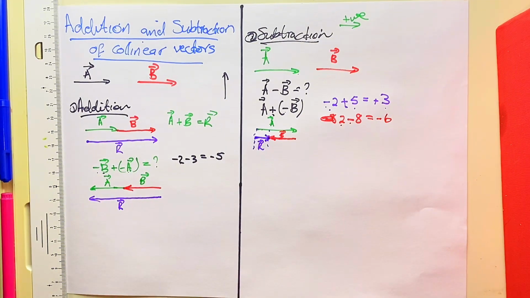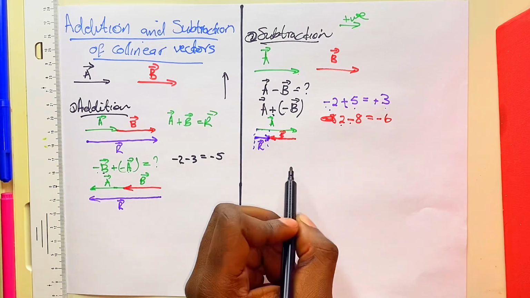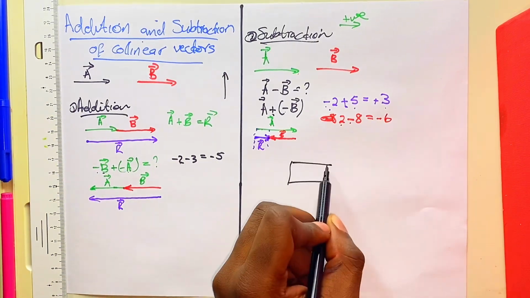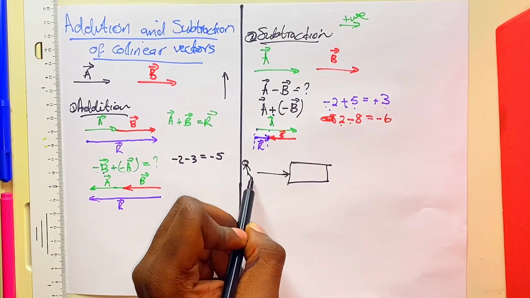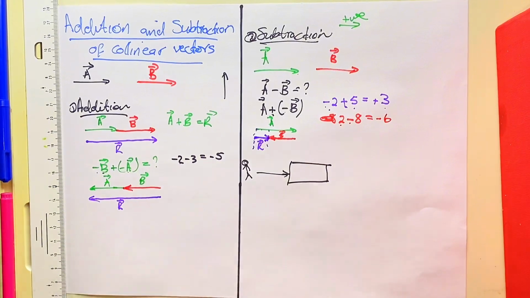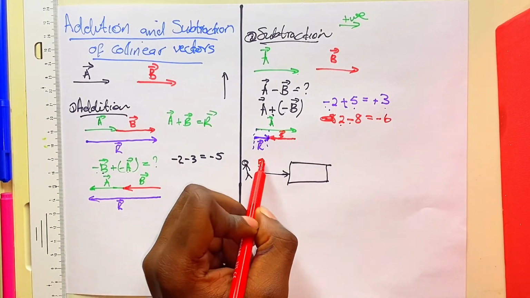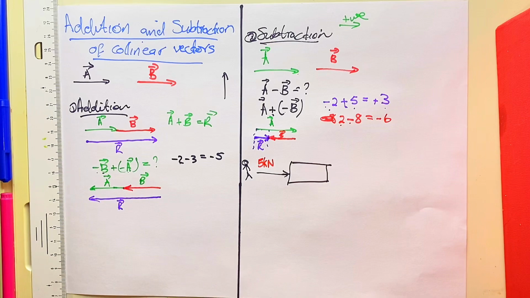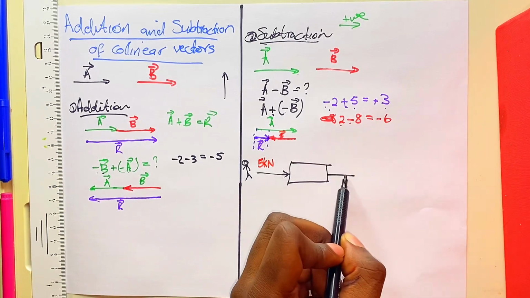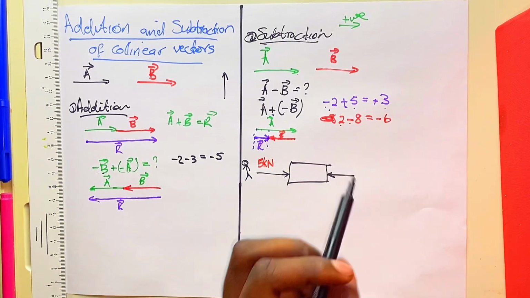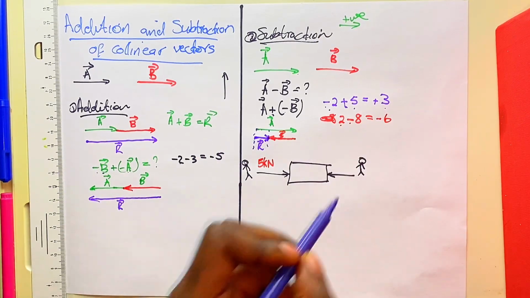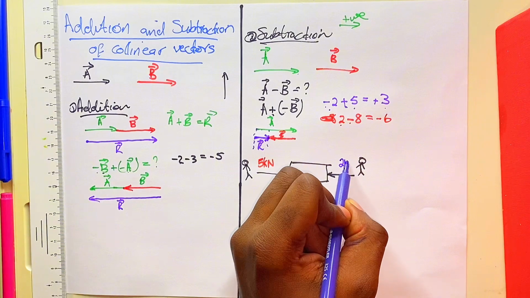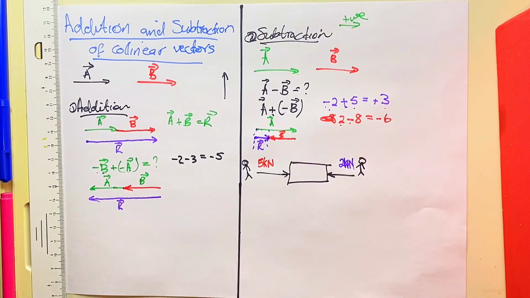Now, when you are doing examples, you will be given real magnitudes, meaning that if you have a box and you have a guy here pushing it at 5 newtons, and you have another guy who's pushing it at, let me draw the guy, this guy is pushing it at 2 kilonewtons.